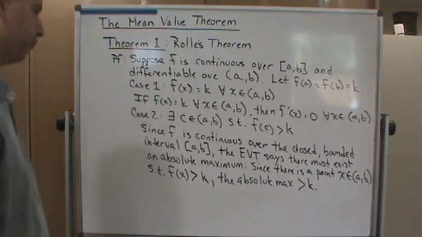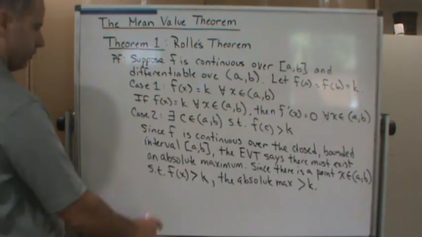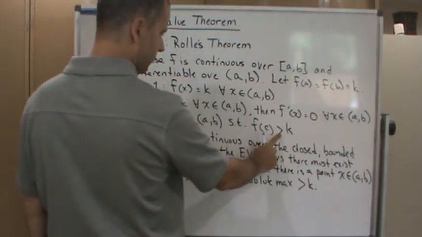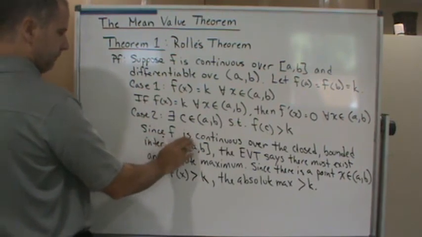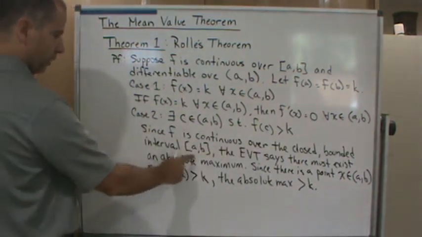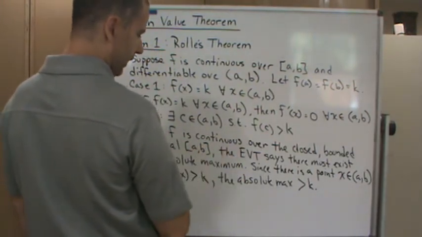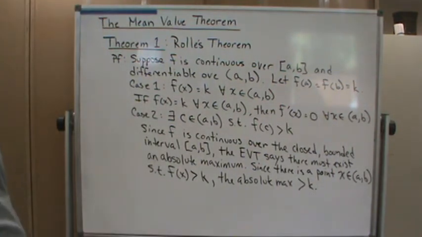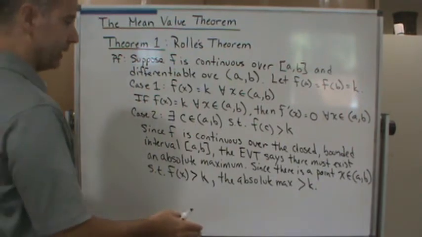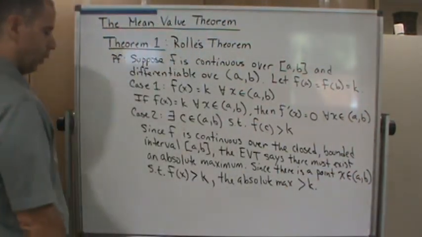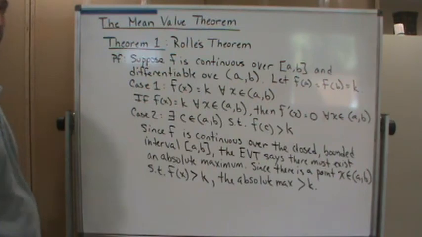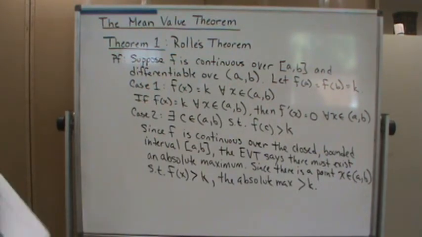That makes sense, right? So in this case, since there exists a C in the open interval such that f of C is greater than k, and f is continuous over the closed bounded interval AB, the extreme value theorem says there must exist an absolute maximum in the interval. Since there is a point x in the open interval such that f of x is greater than k, then the absolute max must be greater than k. All right, that makes sense.